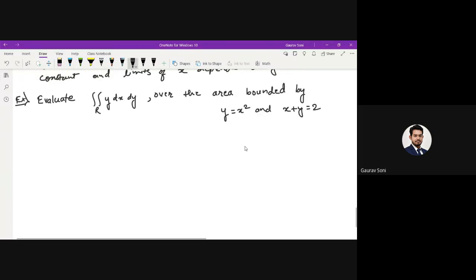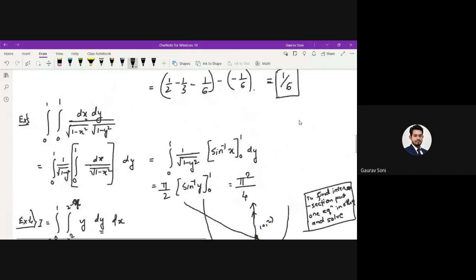So let's draw the diagram first of all. y is equal to x square, the parabola opening towards the y-axis. Is this example done? Let me just ask you first of all.